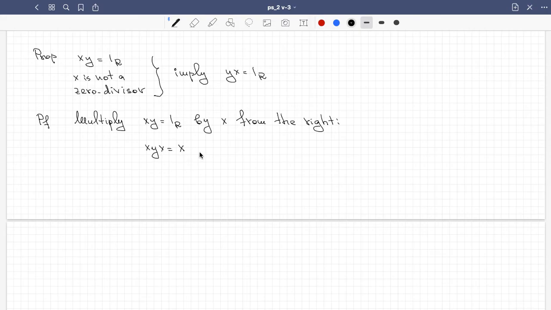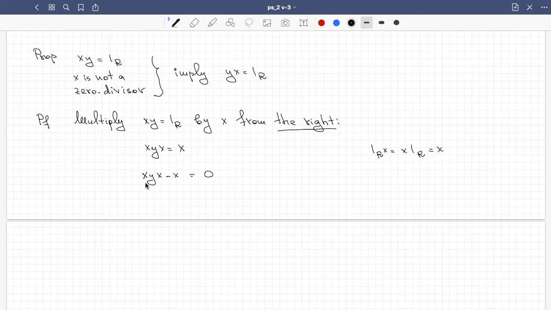Alright, we add negative x to both sides and get xyx minus x is 0. A good thing is that we multiplied from the right, but we can now factor x out from the left. Here is x alone, and identity x is the same thing as x identity, which is x.